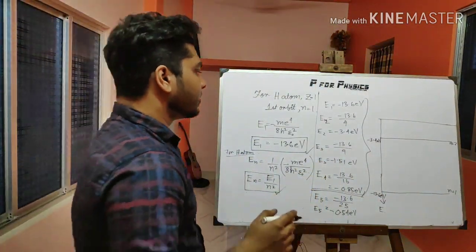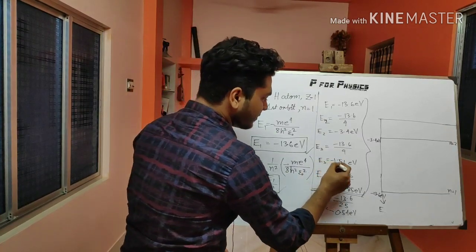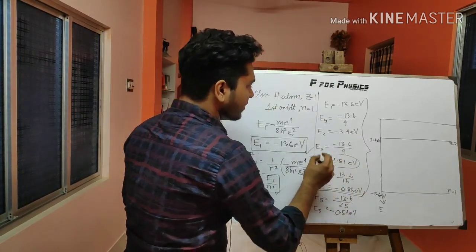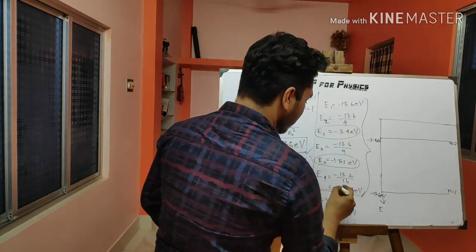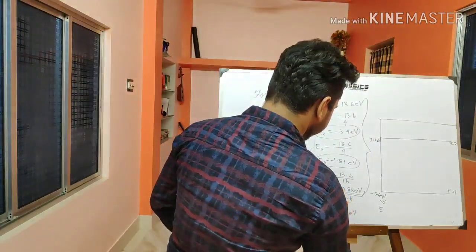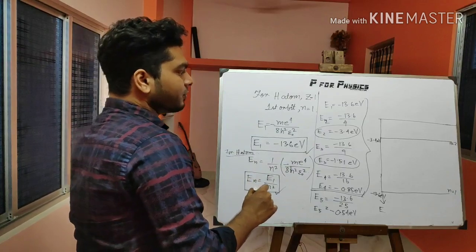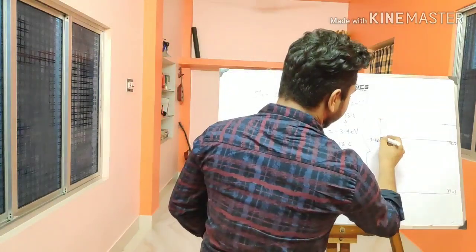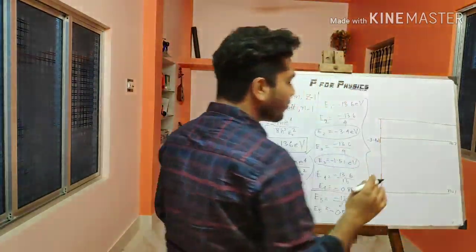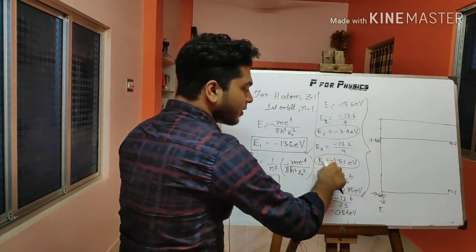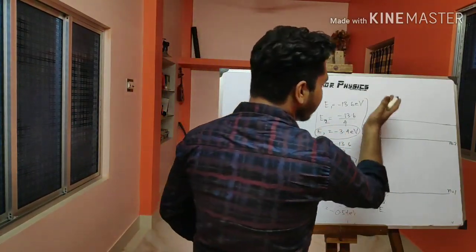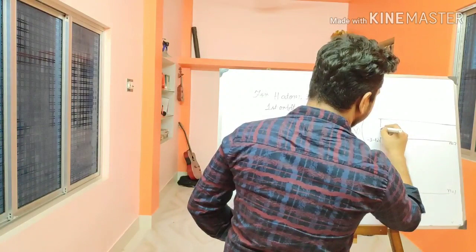Now the next one is minus 1.51. So the half of this is here, which is 1.7. It is 1.51, so it will be a little further up here.